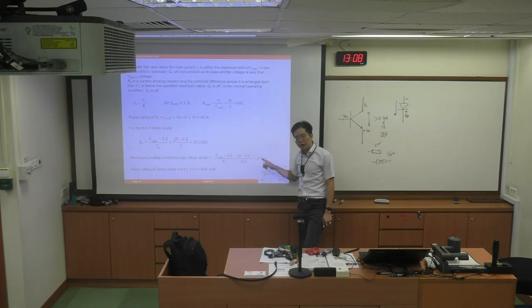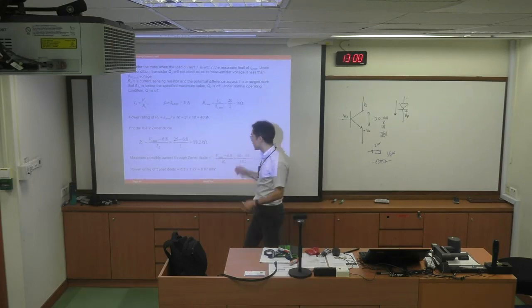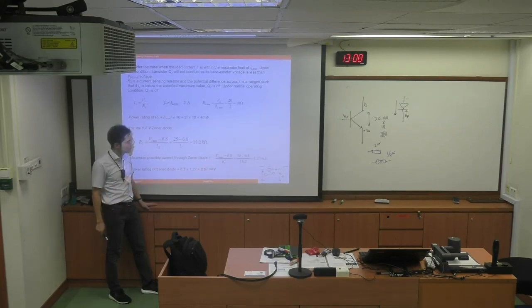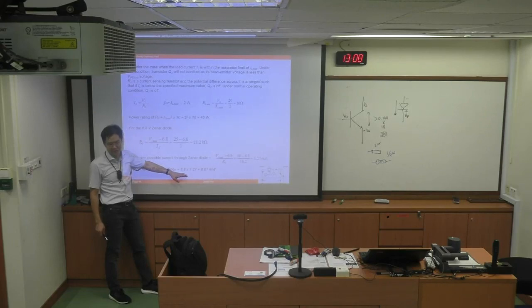So the power rating for the Zener diode is the Zener diode voltage of 6.8 multiplied by 1.27, which is 8.67 milliwatt. So you can see that the Zener diode doesn't have to be a crazily high rating. It only consumes a very small amount of current.